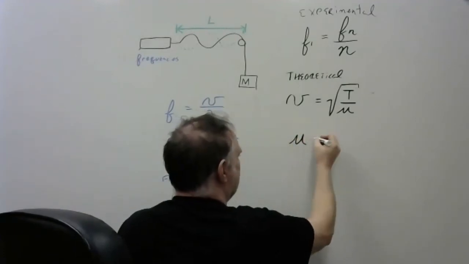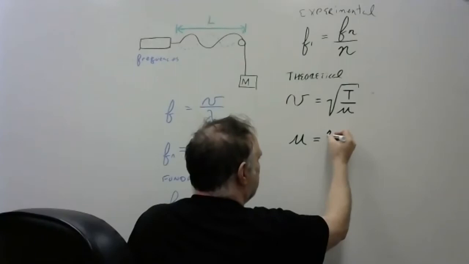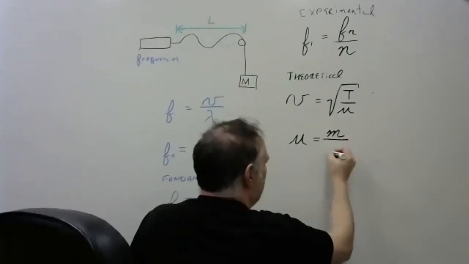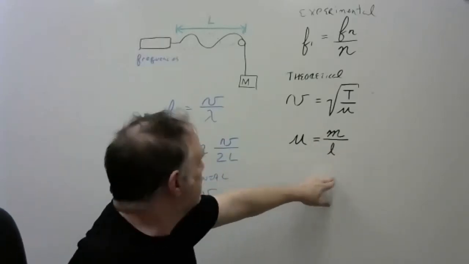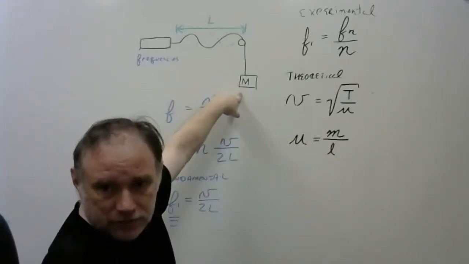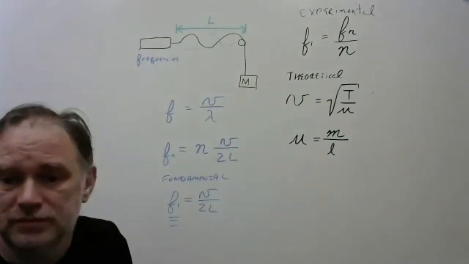Now, I'm going to write this down as we do in our data tables: lowercase letter m divided by lowercase letter l. Because these are different from what we have up here.